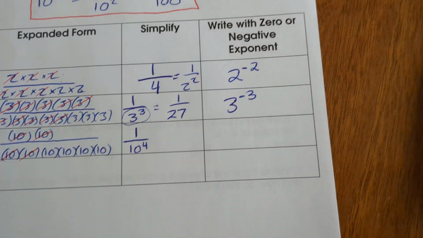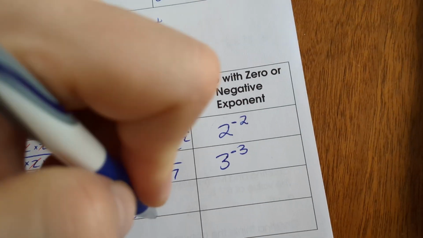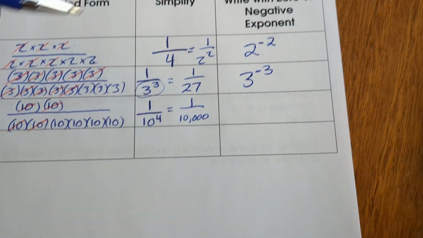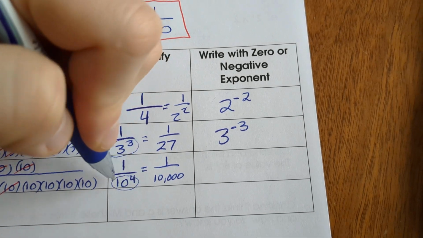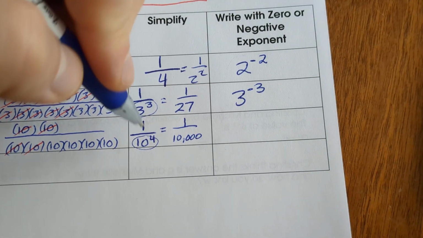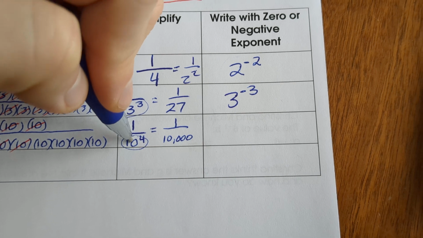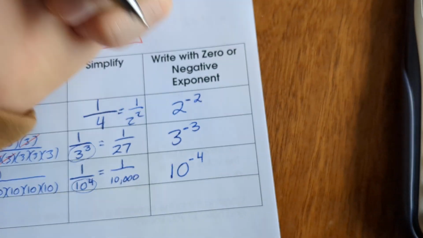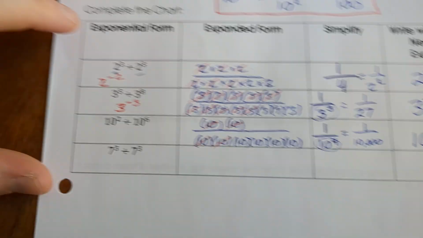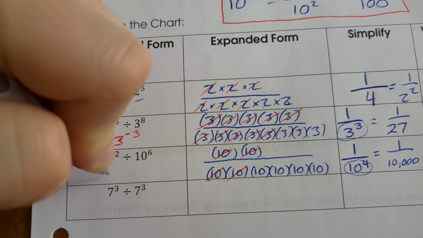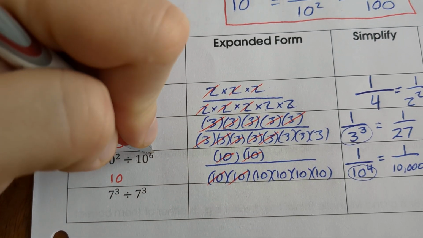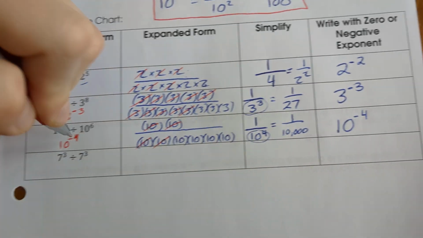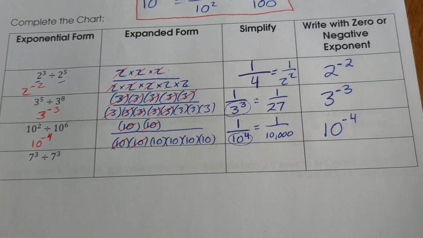Okay. 10 to the power of 4 we know is 10,000. So this would be 1 over 10,000. Okay. But just remember, if you want to write this with a negative exponent, you're just taking the exponent on the bottom and making it negative. So we have 10 to the negative 4. Okay. And we can double check that answer by looking here. So base would be the same. 2 minus 6 is negative 4. So we get 10 to the negative 4 both ways. Okay.